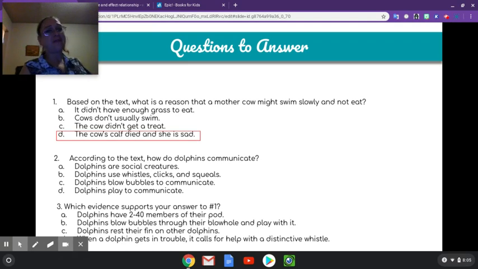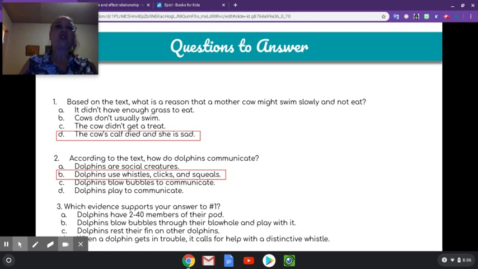The cow's calf died and now she's sad. And 2, according to the text, how do dolphins communicate? I'll go ahead and give you about 5 teacher seconds. You got it. Dolphins use whistles, clicks, and squeals in order to communicate.